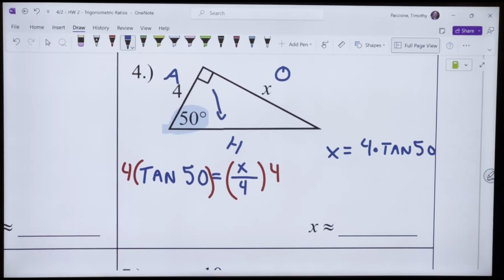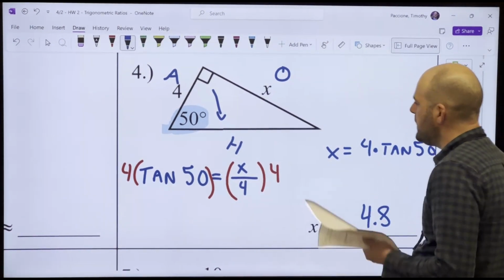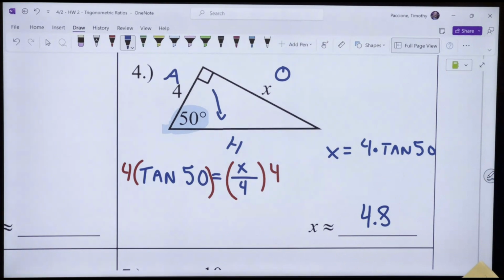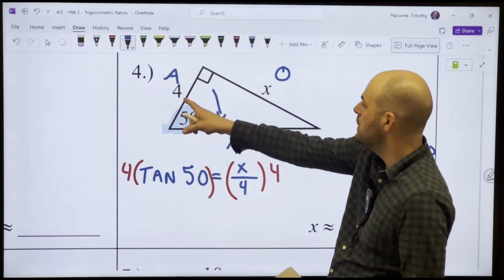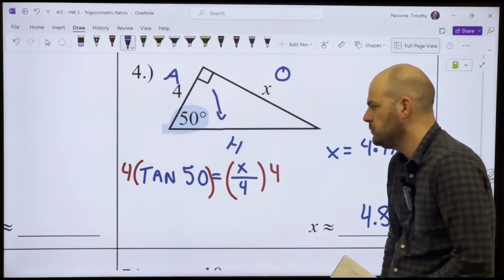And if you do that, you get 4.8, exactly. And then last thing you can do is sense check. You're like, all right, if this is 4, this is longer than that, 4.8, okay, cool. Got it.